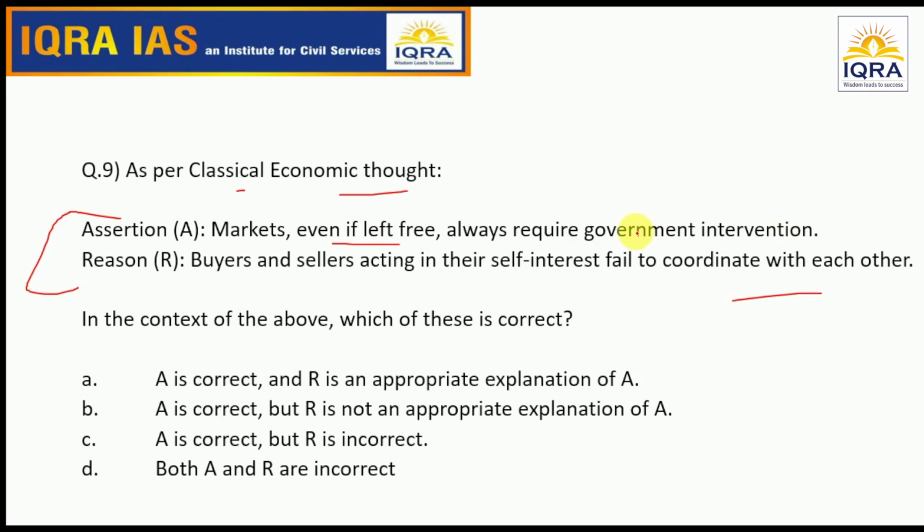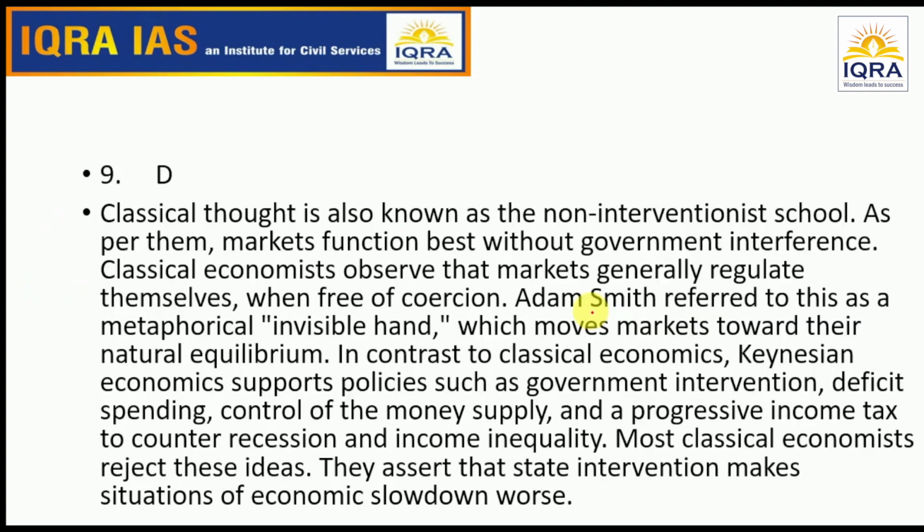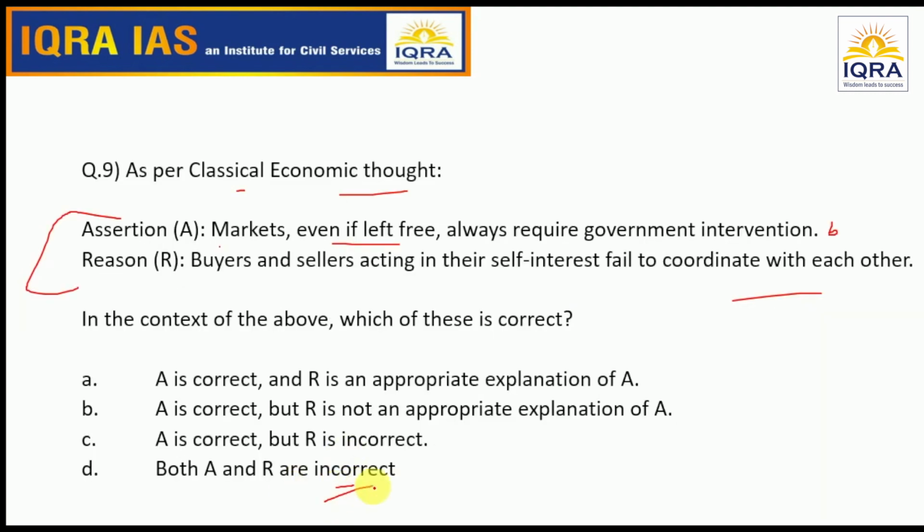Whenever you do such assertion-reason questions, always remember to make this one statement by joining the two, and read it like this: market, even if left free, always requires government intervention because buyers and sellers acting in their self-interest fail to coordinate with each other. Now this gives you a sense whether they make sense together or not, and through this you can go for your answer.